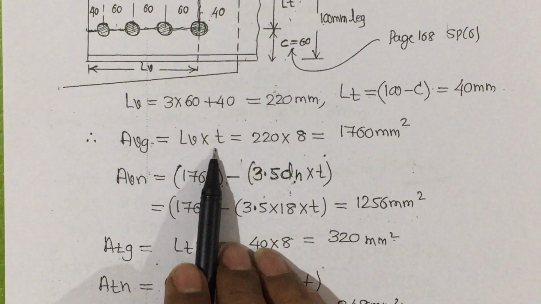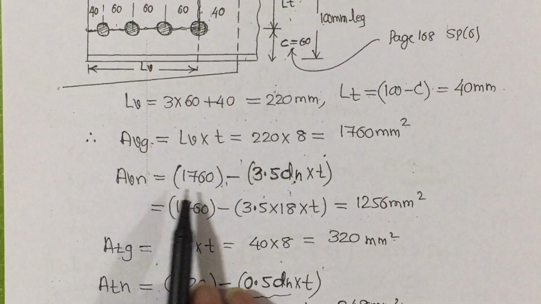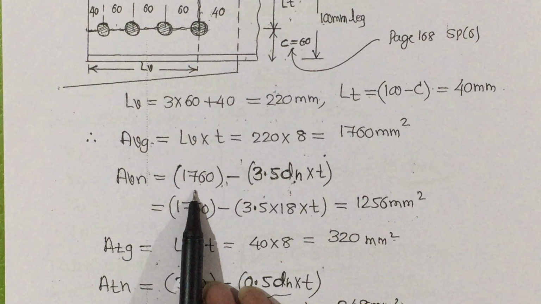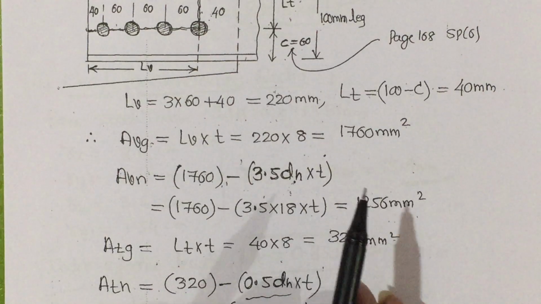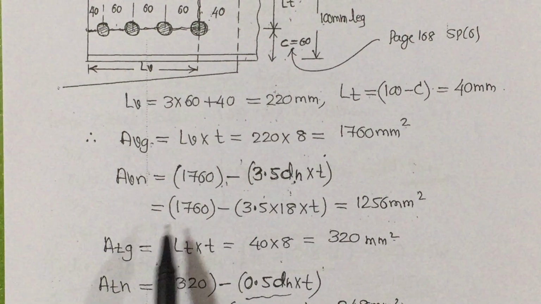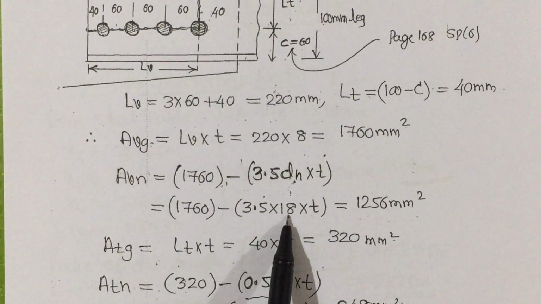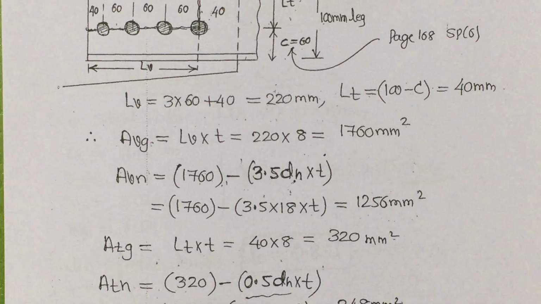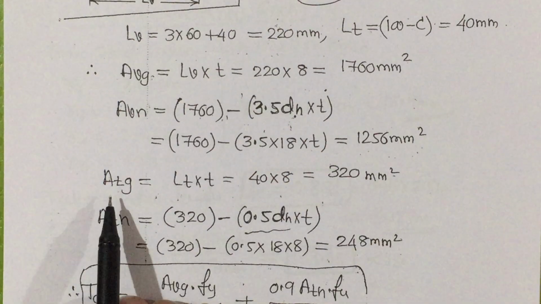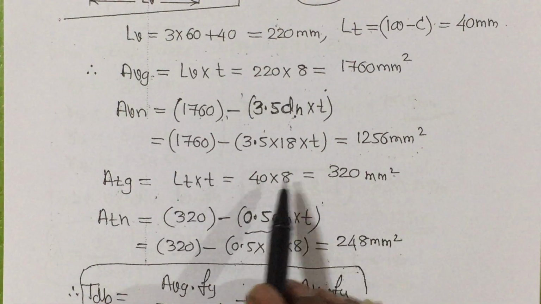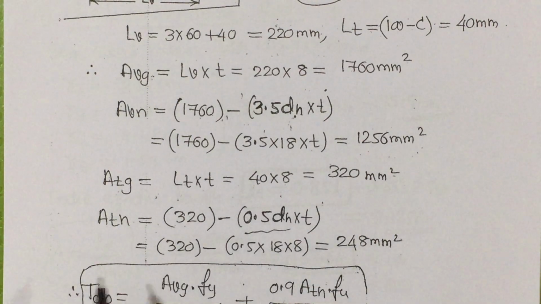Then Avg is given by Lv into t, 1760 mm square. Then Avn is given by Avg minus 3.5 into dh into t, 3.5 into diameter 18 multiplied by t, thickness, you are going to get 1256 mm square. Then Atg is given by Lt into t, Lt we calculated as 40, so 40 into thickness 8, 320.